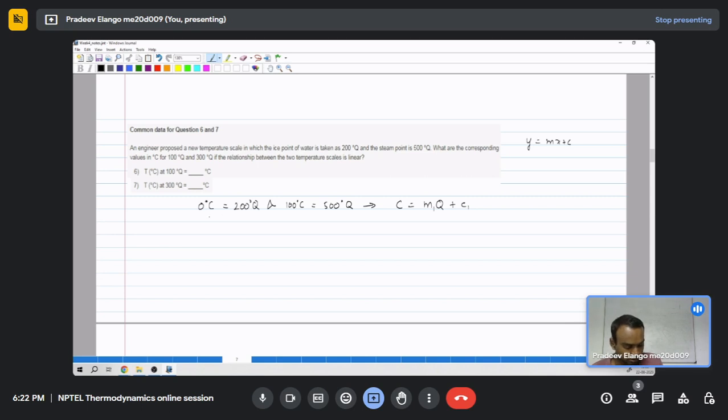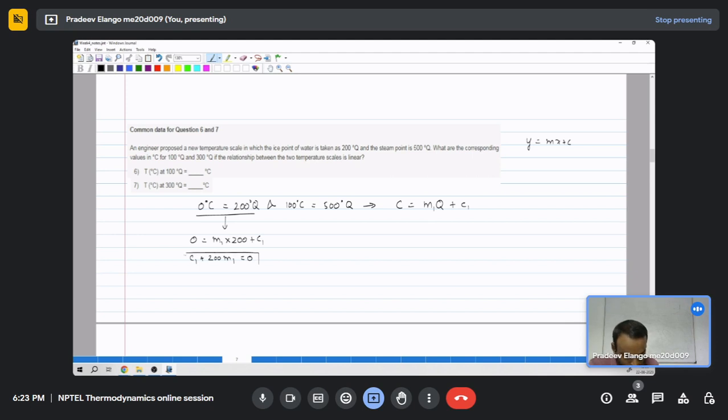Now substituting the first known value, 0 degree Celsius is 200 degree Q. So 0 is equal to m1 into 200 plus C1, so C1 plus 200 m1 is equal to 0.